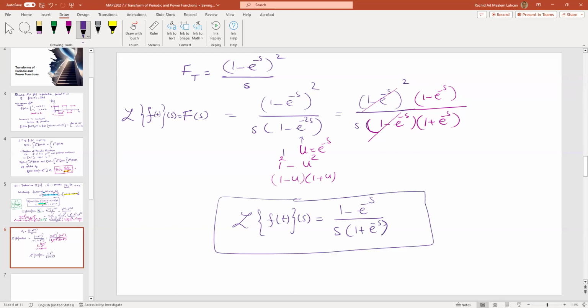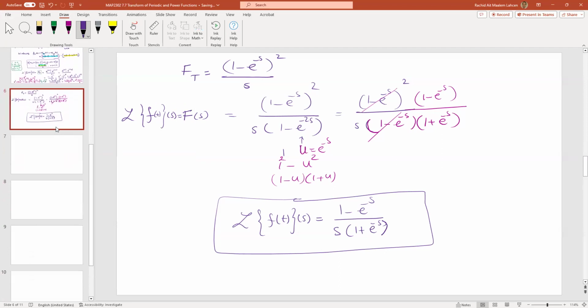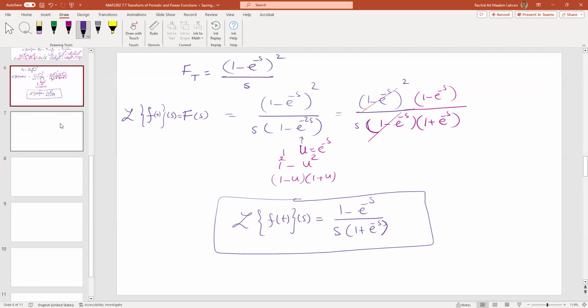This is pretty much how you do these examples. The only thing that's going to happen is you see these tricks with the algebra, and trying to simplify the answers is what you would need to do.